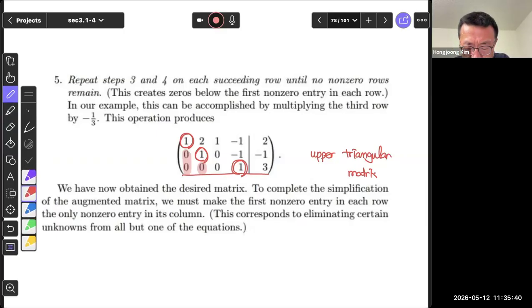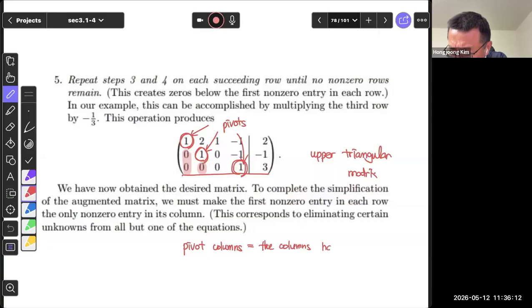Now, some people call these ones pivots, and the columns having these pivots are called pivot columns. So those are the columns having pivots.